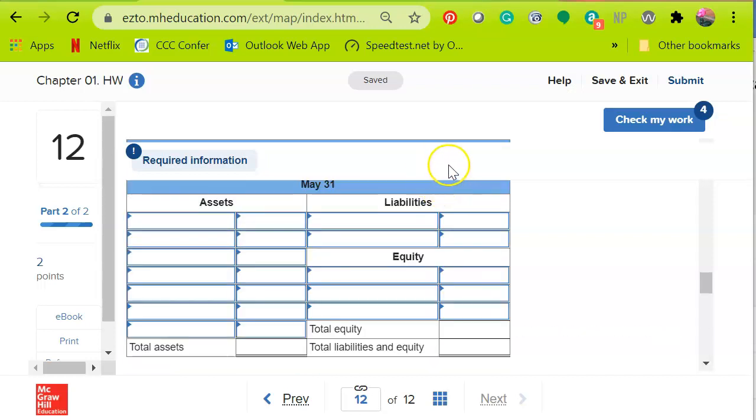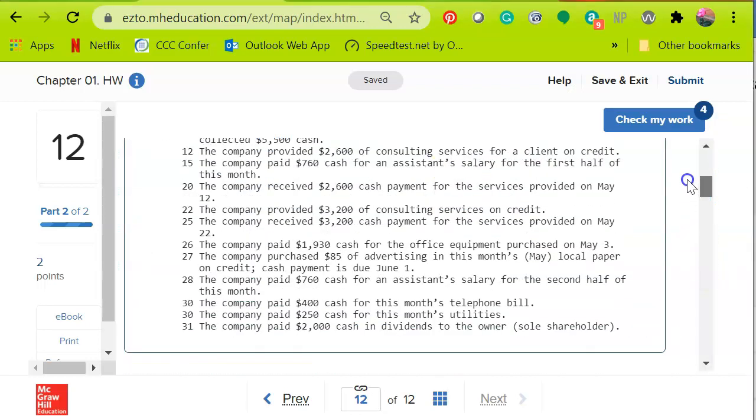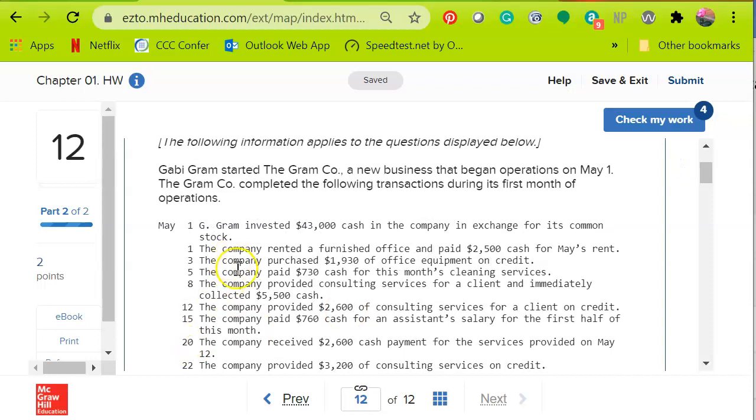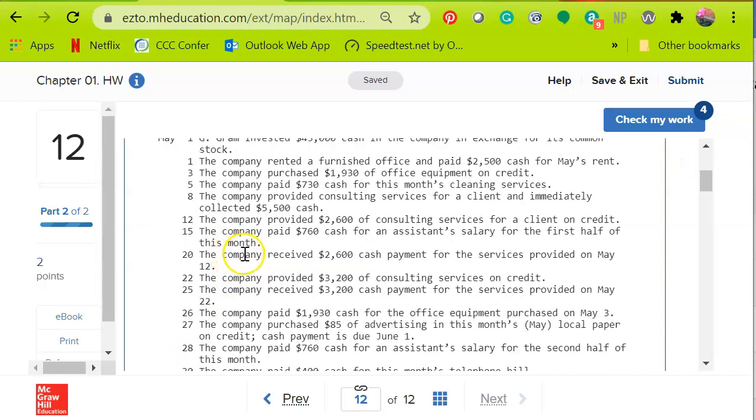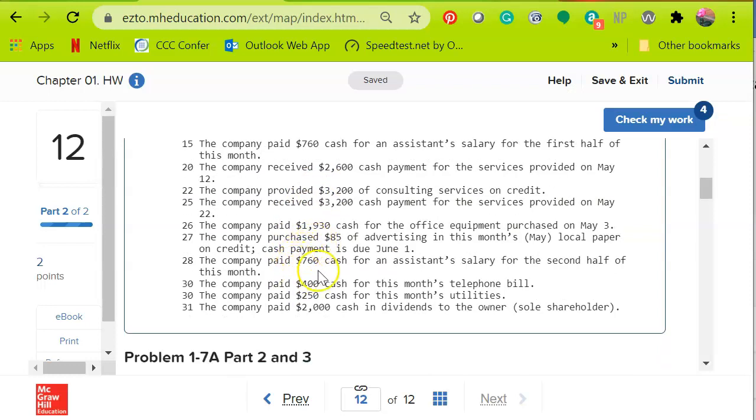Now, you may ask, where am I going to get these amounts from? That means you need to go to your tabular analysis. For example, the one paid for employees, 760 is my number, so I have 760 here on the 15th, and then I believe they were paid again, 760 on the 28th.